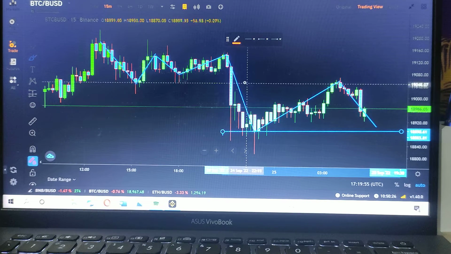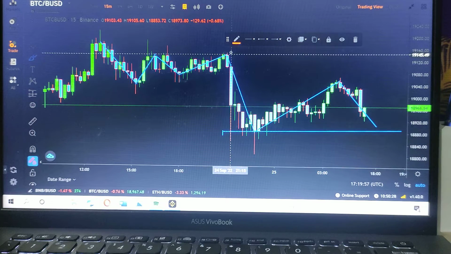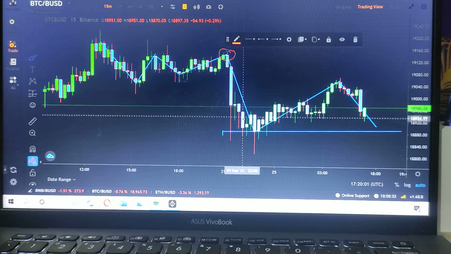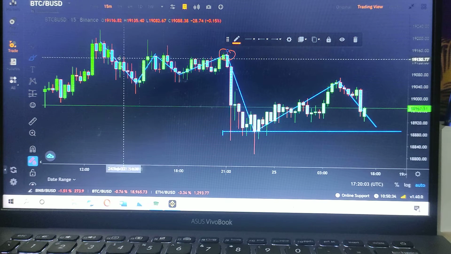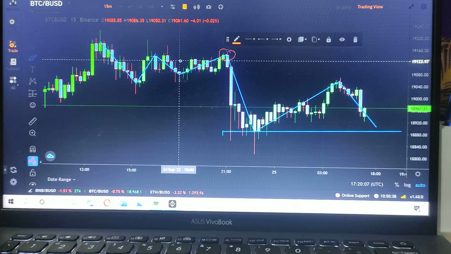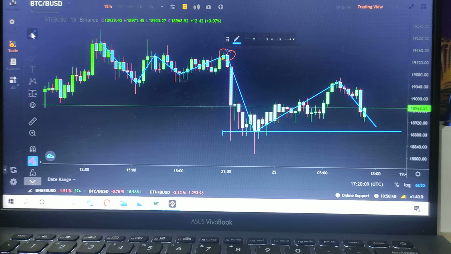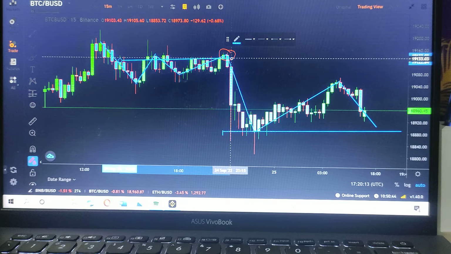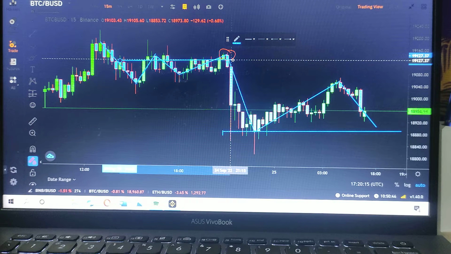So as you can see, it dropped from here, because this uptrend has a small head and shoulder from here, you can see or not, I don't know, but if I make here, you will find it. Look at this, you will see here.